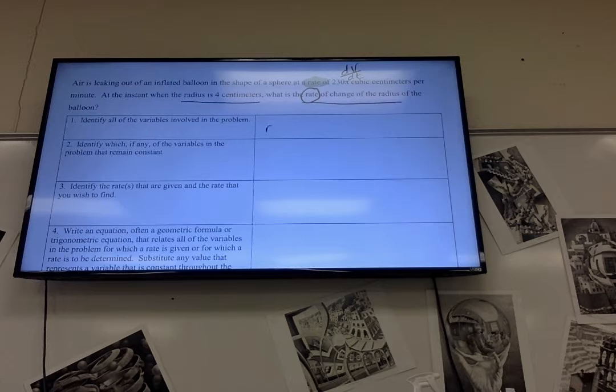We have a radius, so R. There's one more: V. V is the thing we're equaling, but it is a variable we're given. Yes, we're looking for it, but it's still a variable. V and R are the only 2 variables.